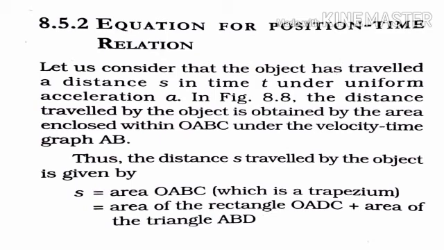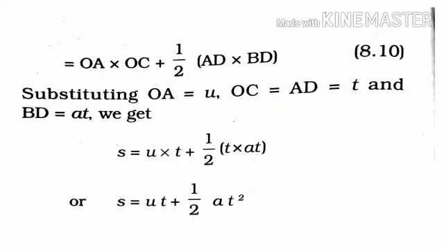Now we go to the second equation of motion, the position-time relation. The distance travelled by an object is given by s = area of OABC, which is a trapezium: the area of rectangle OADC plus the area of triangle ABD. This means OA into OC plus half into AD into BD.